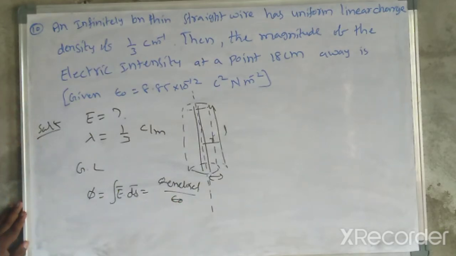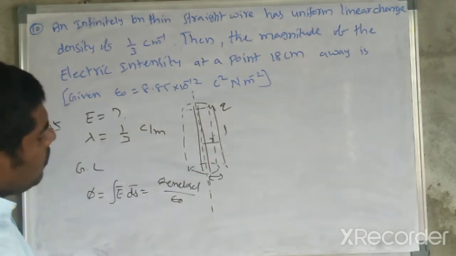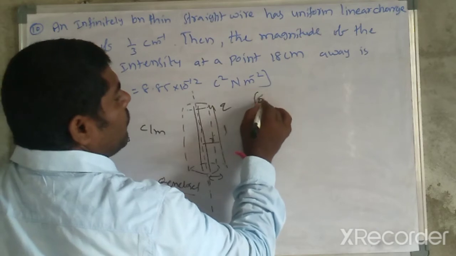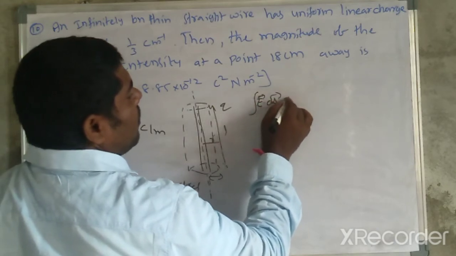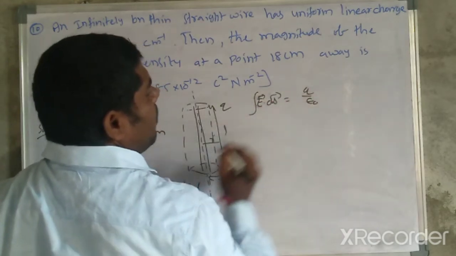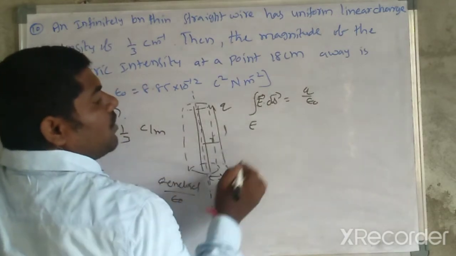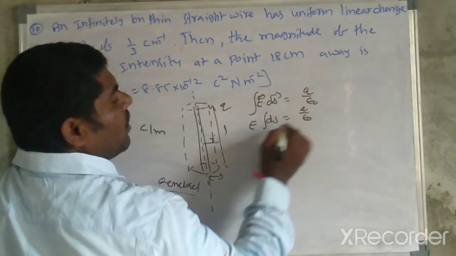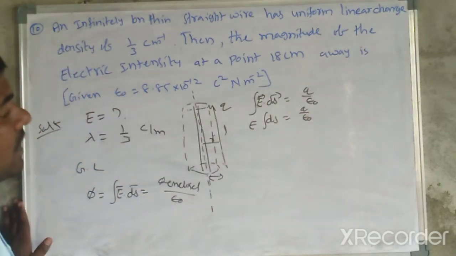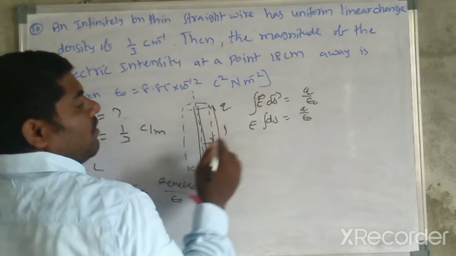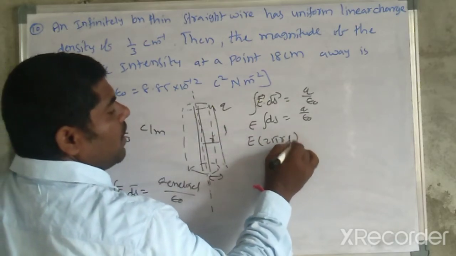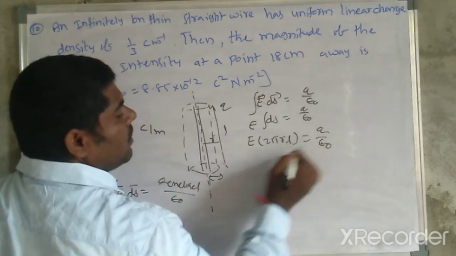Let us consider the enclosed charge Q. The electric field is uniform, so E times the integral of dS is equal to Q by epsilon naught. The integral of dS is nothing but the area of this cylindrical Gaussian surface, 2 pi r into L, equal to Q by epsilon naught.